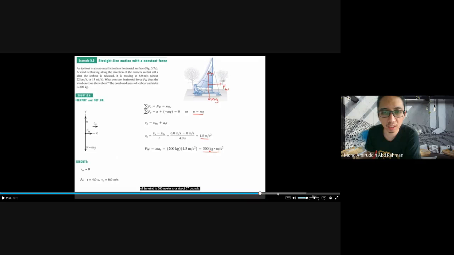The acceleration times mass, so we have 300 kilogram meters per second squared, so that is our Fw. 300 kilogram meters per second squared is equivalent to 300 newtons.